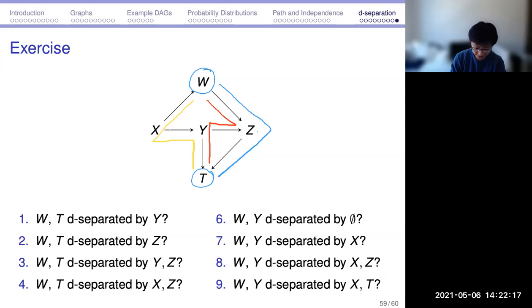Okay, so now let's see. The first question is: are W and T d-separated by Y? If they are, then we would need Y to block every path between W and T. And obviously here we see that this path is not blocked by Y. This is a chain; in order to block it, we need the middle part to be included in the conditions.